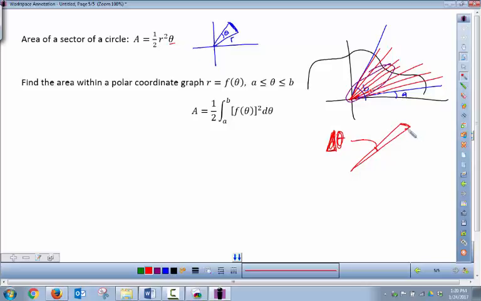Now, the radial distance has two radial distances. We have an r here that would represent f of theta sub i, and then another r here that's a little bit different that would represent f of theta sub i plus 1.